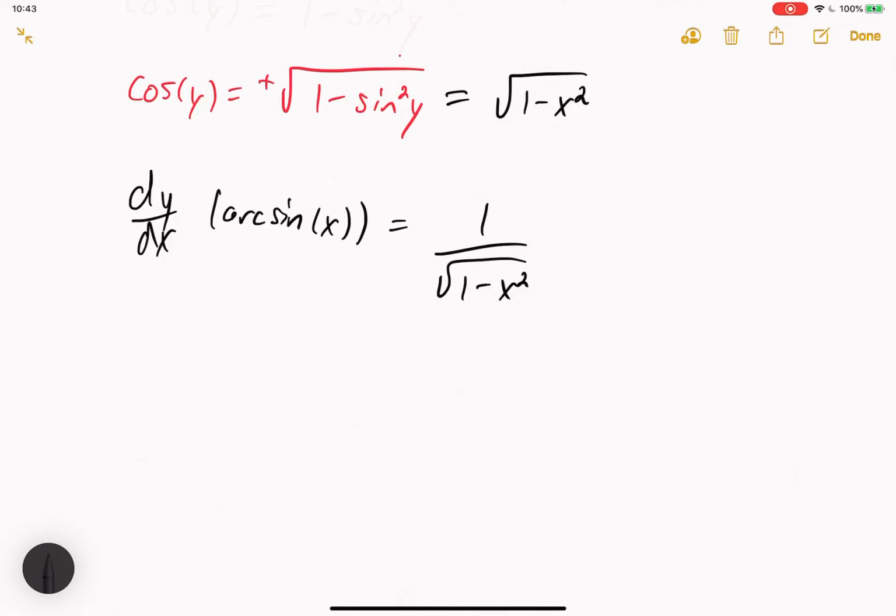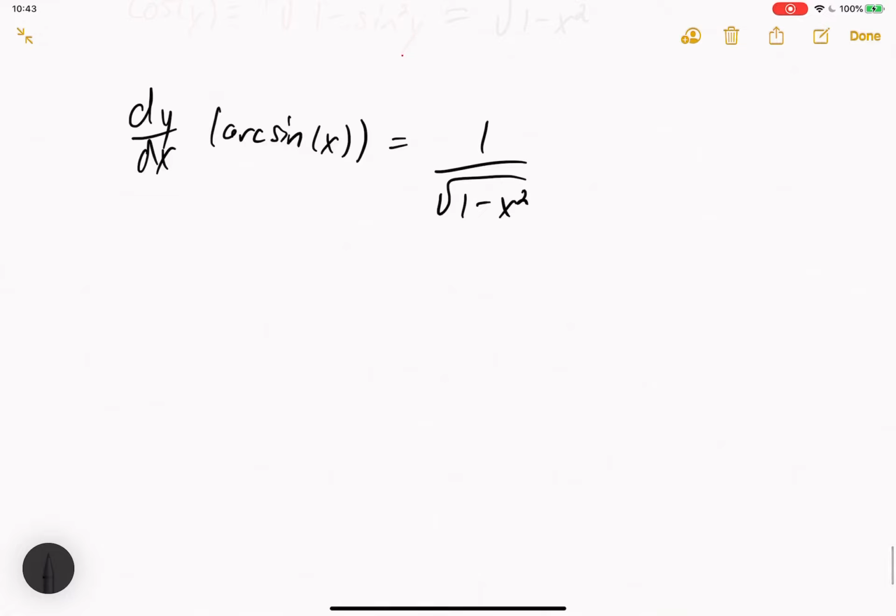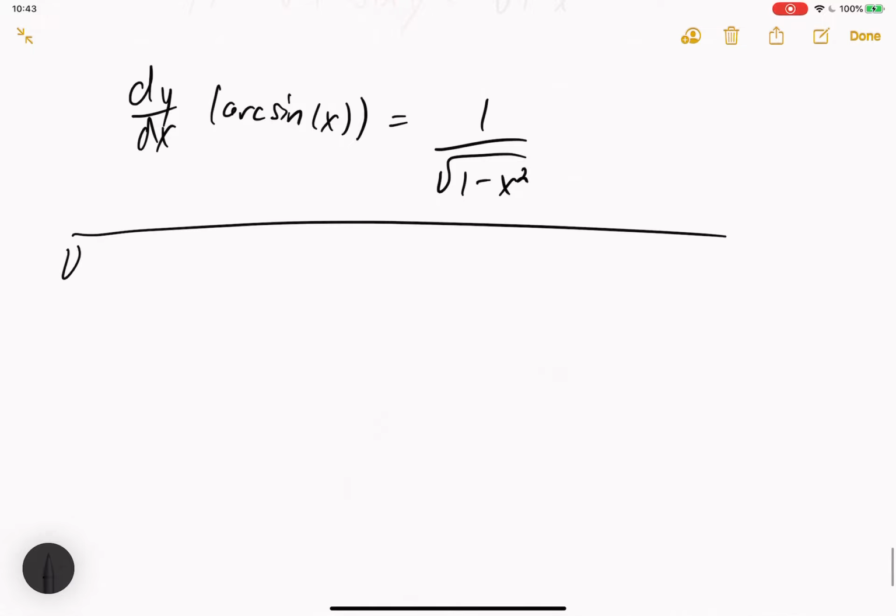So you can actually do this with a lot of other functions as well, and you can verify this. You can do it with the derivatives of other inverse trig functions. So I'm just going to list them out for you, and you're welcome to verify these.